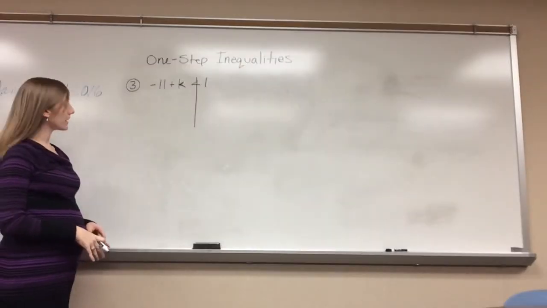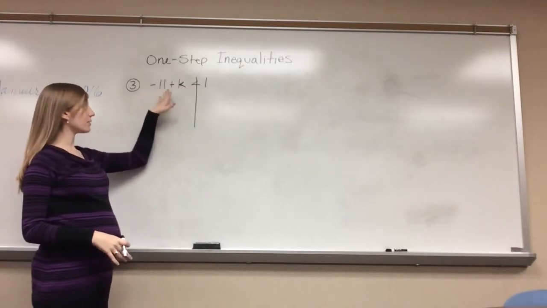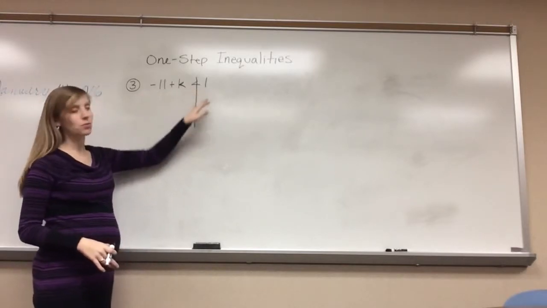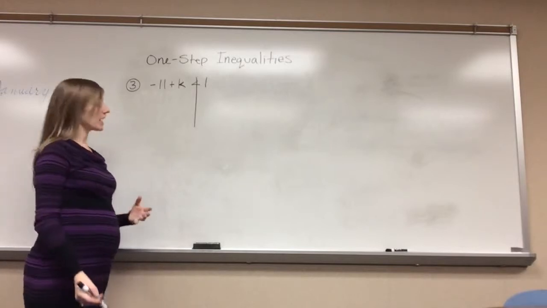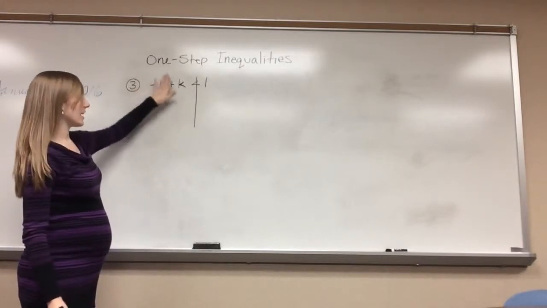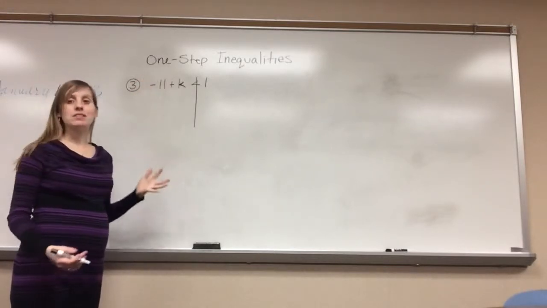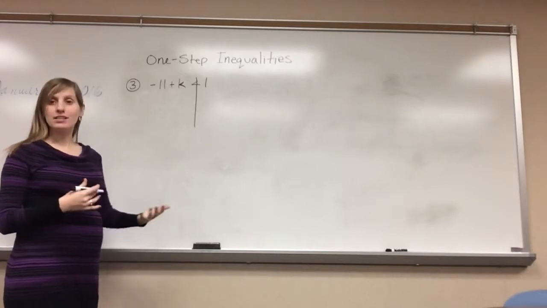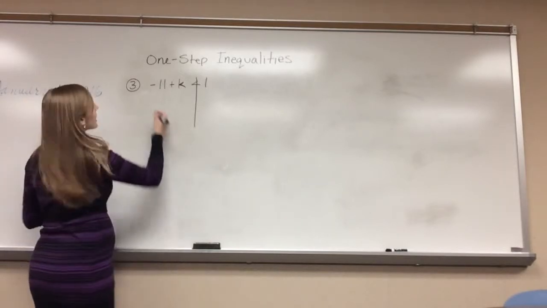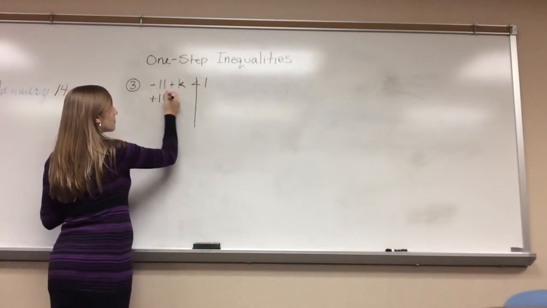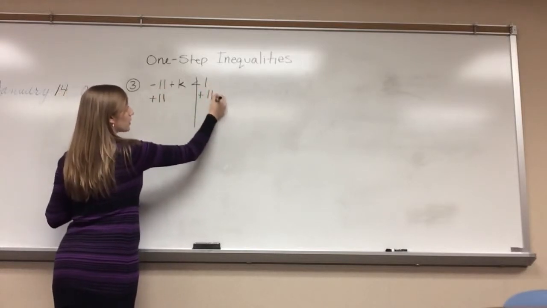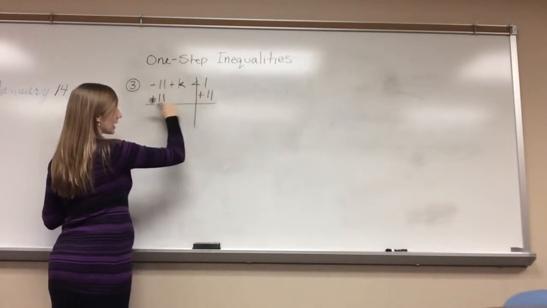For problem number 3, the inequality is negative 11 plus k is less than 1. So to solve this for k, we need to get rid of that negative 11. Well, the opposite of a negative 11 would be a positive 11 or plus 11. So I'm going to add 11 and make sure you add 11 on both sides of the inequality sign, right?